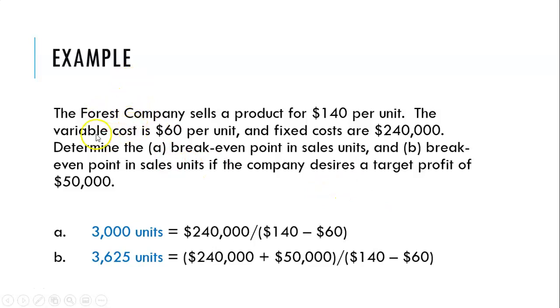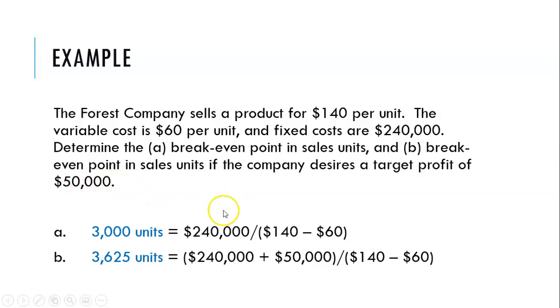Here's another example. The Forest Company sells a product for $140 a unit. The variable cost is $60 per unit. Fixed costs are $240,000. We want to determine the break-even point in sales units and the break-even point in sales units if the company desires a target profit of $50,000.